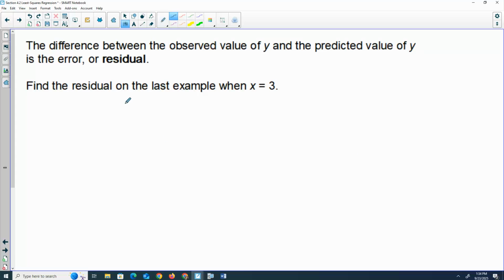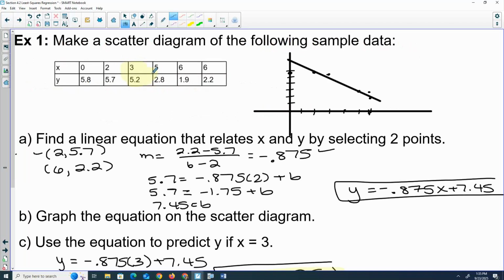So my observed y, observed is what really happened. When x is 3, what did we really get from the data? 5.2.